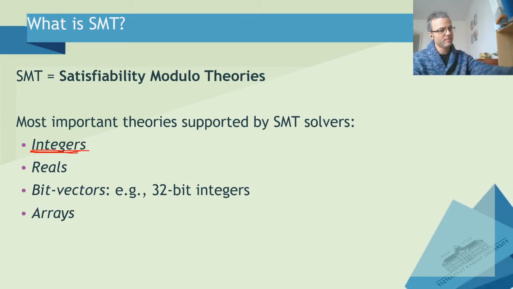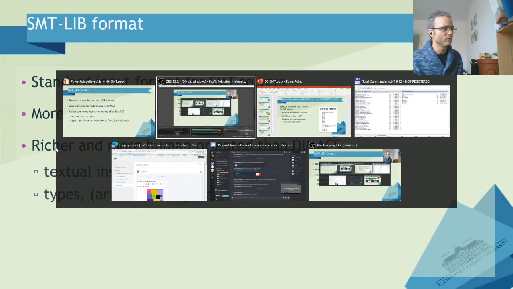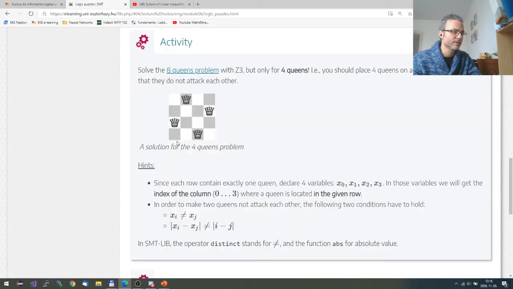Okay. So I picked a theory, and now I would like to describe certain problems like this logic puzzle for SMT in order to solve this problem, to make the computer solve it.